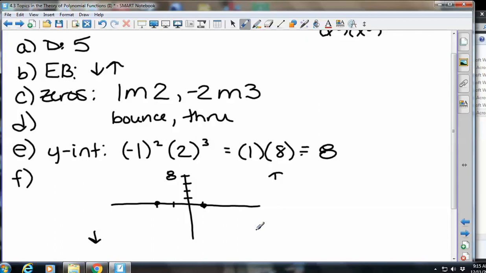It should end up here. Okay, so start at negative 2. Does my graph bounce or go through? Go through. So go through, hit your y-intercept. What happens at 1? So we're going to come back up, and that's good because that's the direction I said we would end.